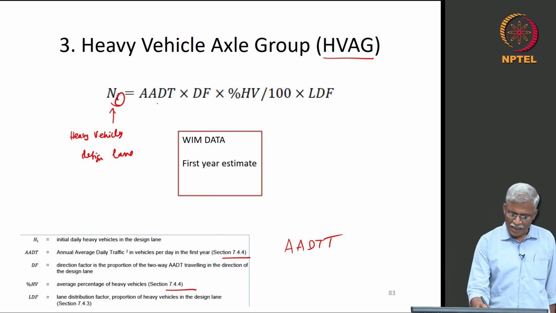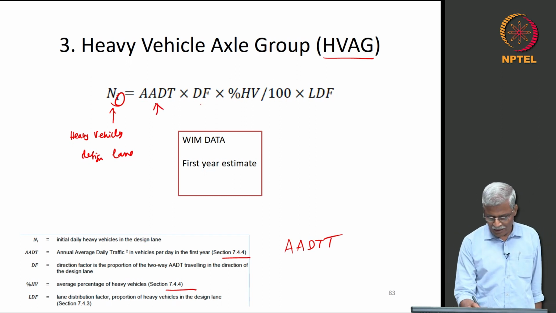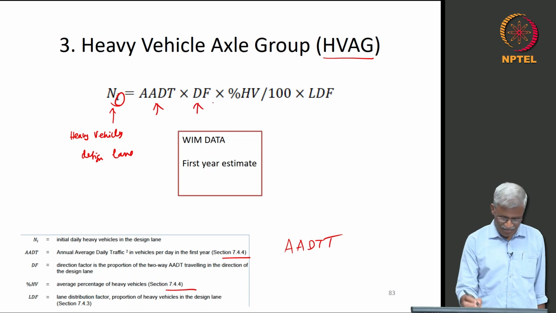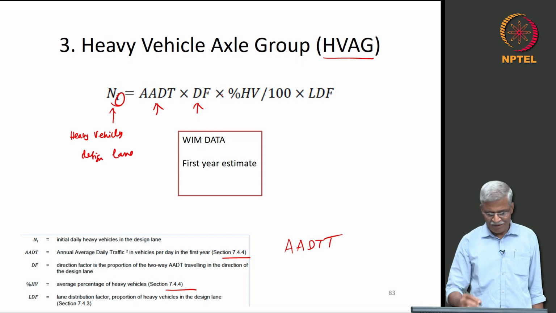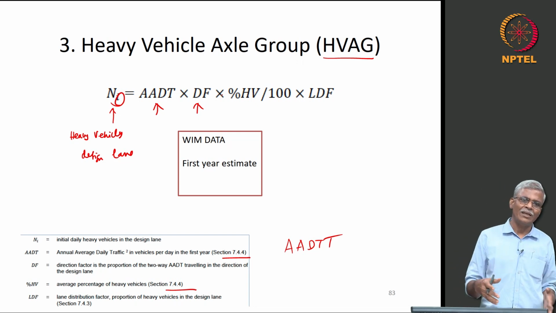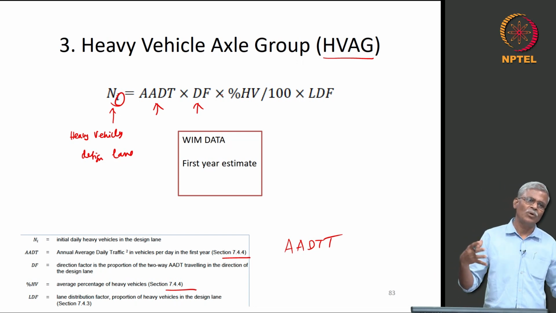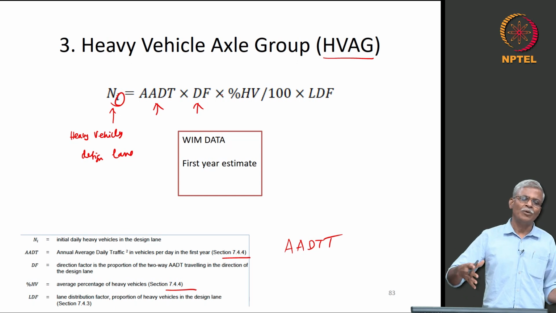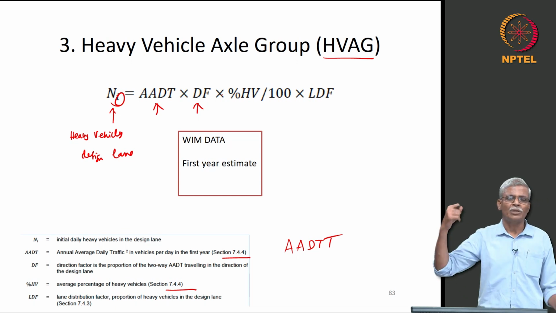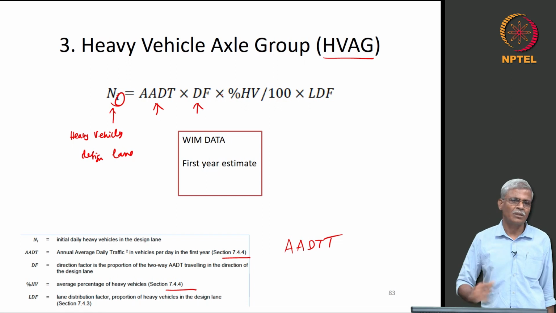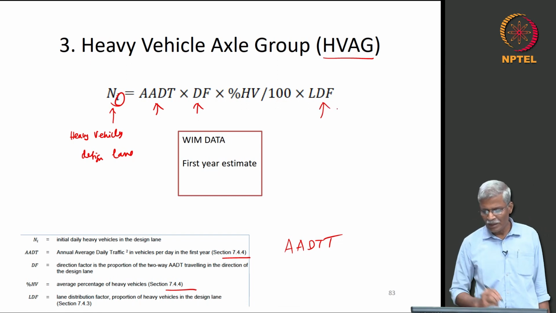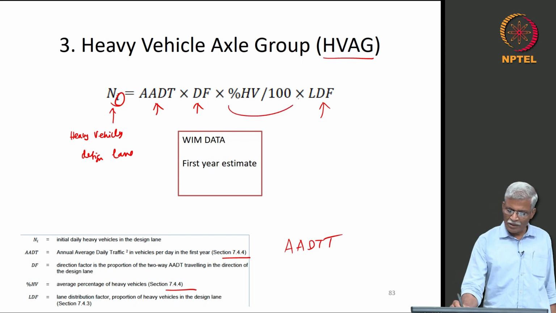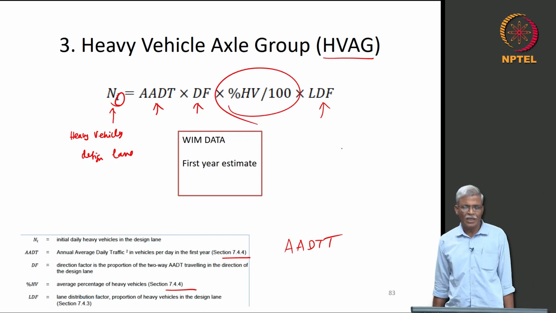This is your annual average daily truck traffic. This is the direction factor, because ideally you will be collecting this full data. So, you will be trying to find out how much is the proportion in the northbound direction, southbound direction, or eastbound or westbound. And similarly, this is your lane distribution factor, and this is the percentage of the heavy vehicle.